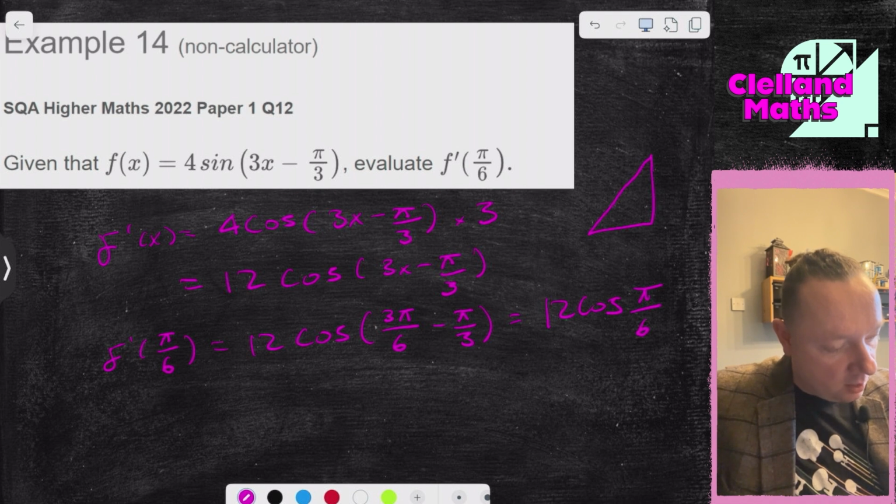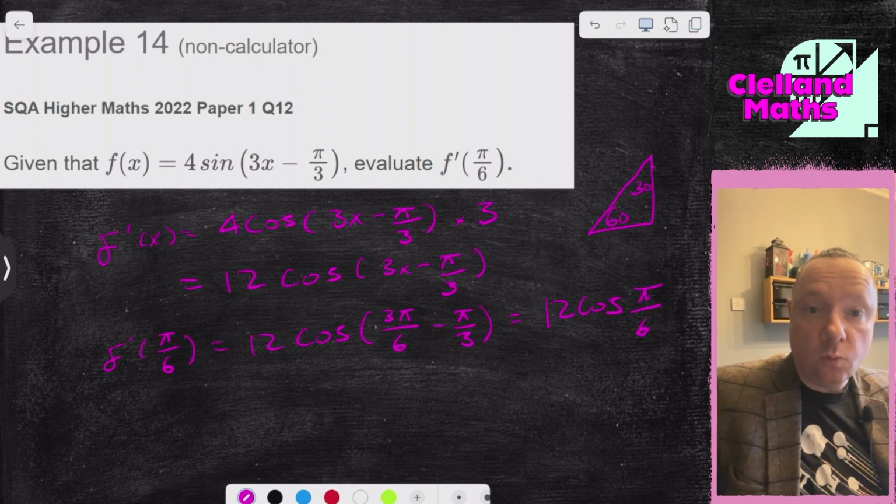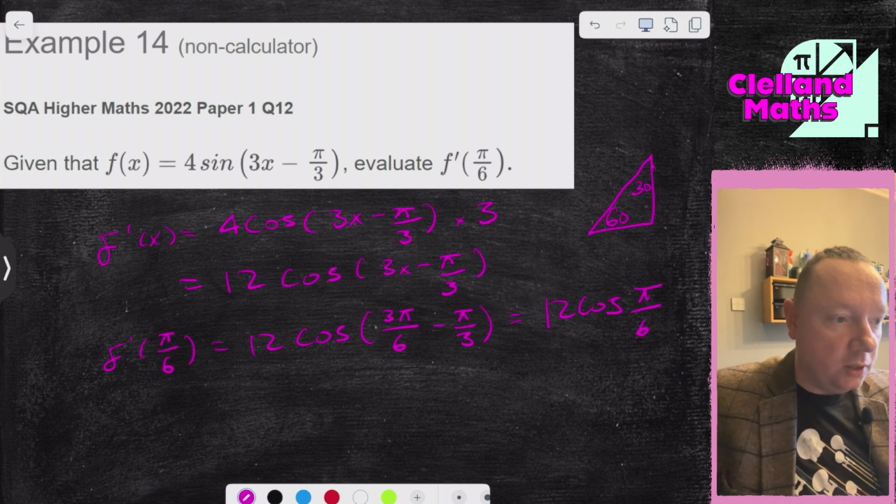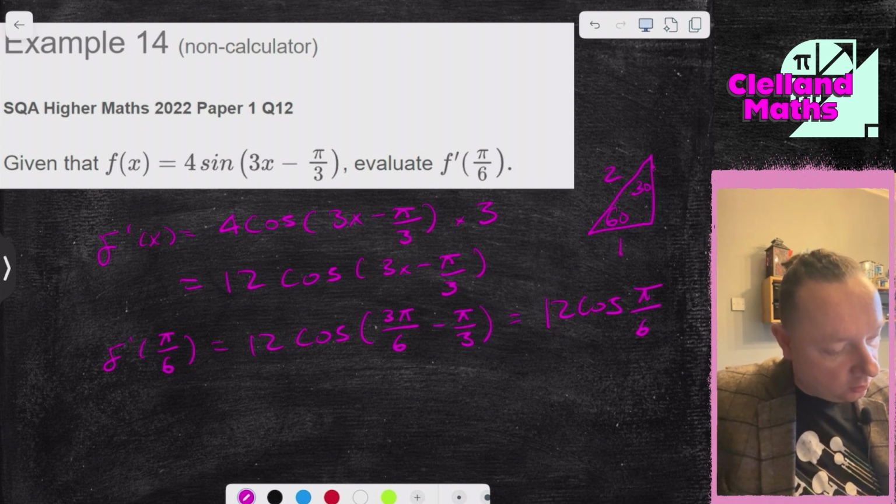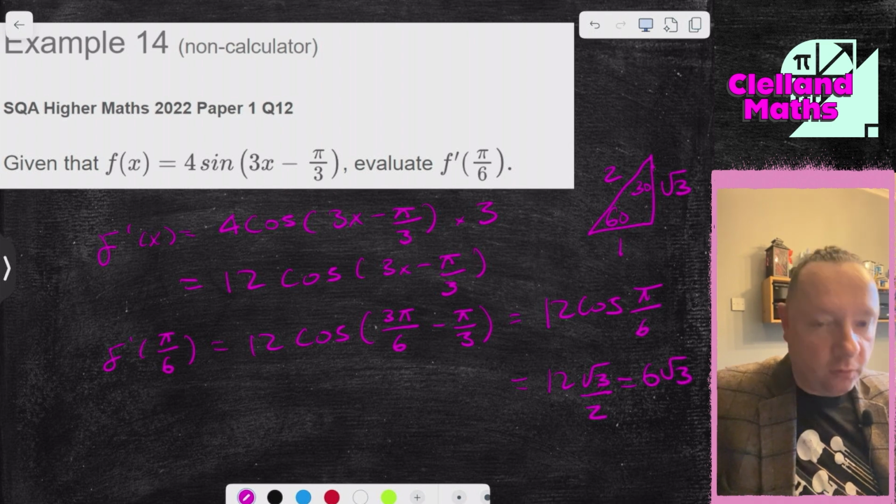Let's do a triangle. Pi over 6 is 30 degrees, because 6 30s is 180. So now we can put 1, 2 and root 3 here. And then it's 30 cos, adjacent over hypotenuse, root 3 over 2. So we get 12 root 3s over 2. 12 divided by 2 is 6 to get 6 root 3.